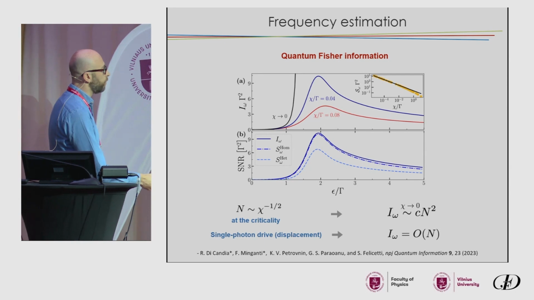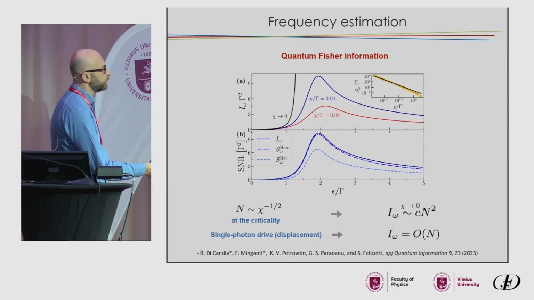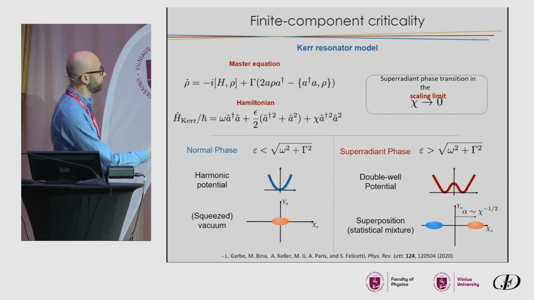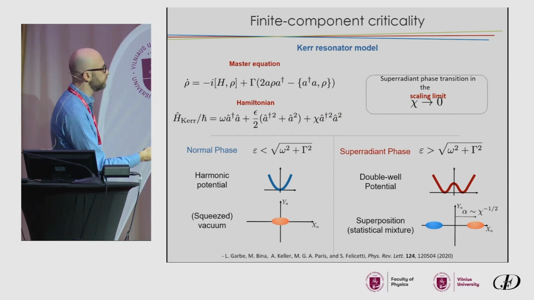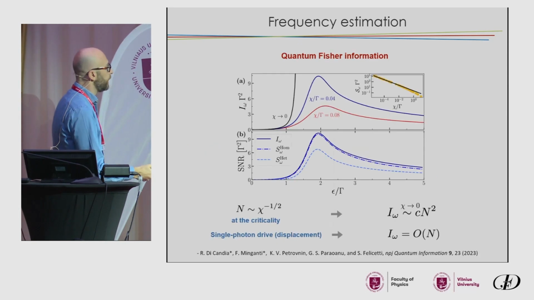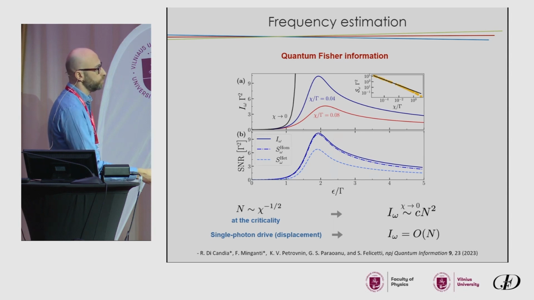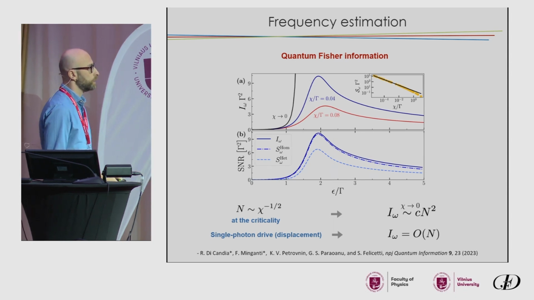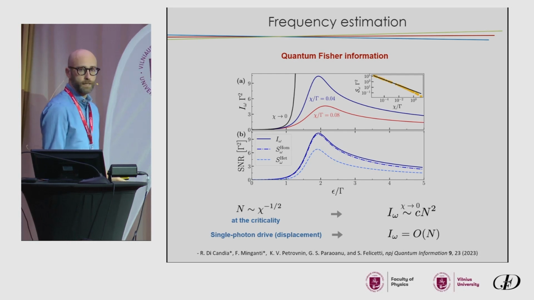This we compared with the single photon drive. This we call two photon drive because it's two photon. With the single photon drive, in the steady state you will have at most linear scaling in the number of photons.